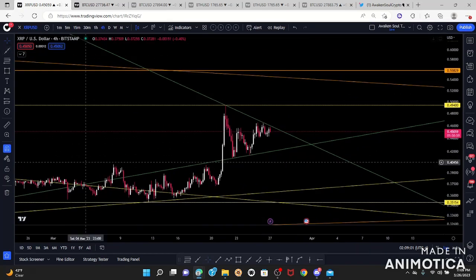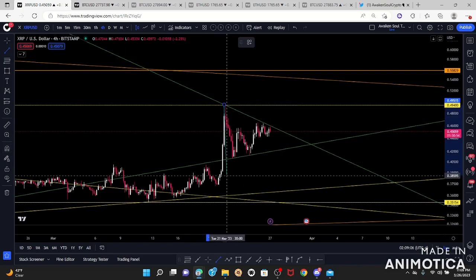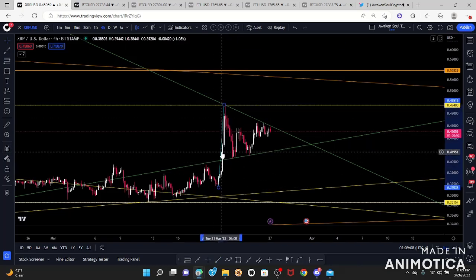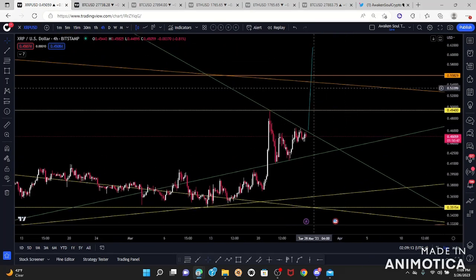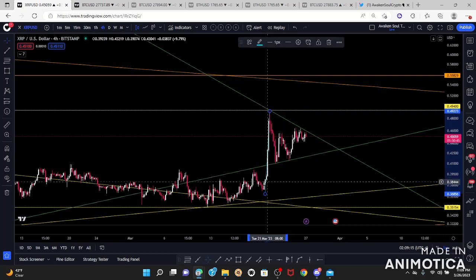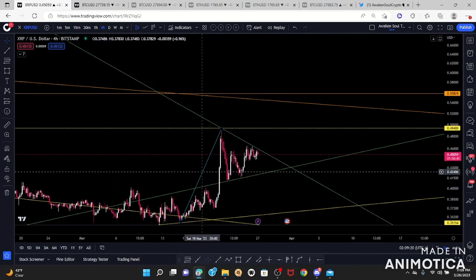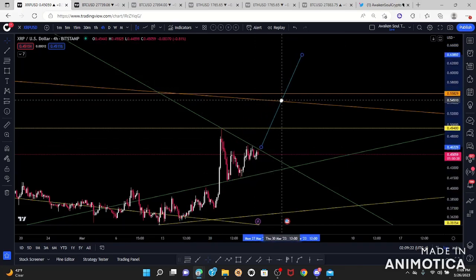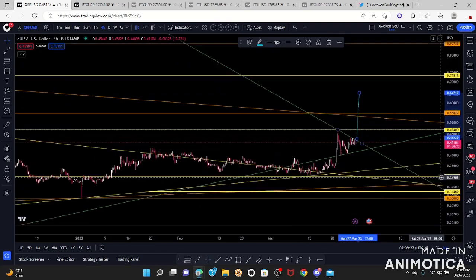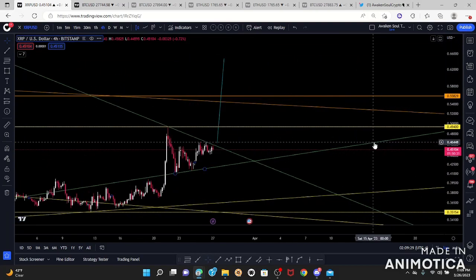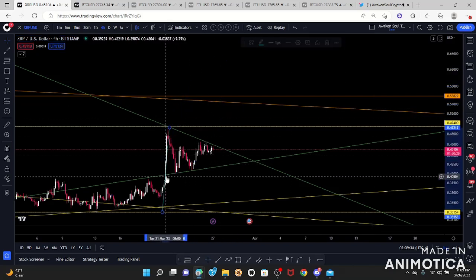So let's get the measured move for our bullish target. So if this were to break to the upside, you know, I don't like that. I think it would be bigger. I think it would be this whole move. Or it could be this too.